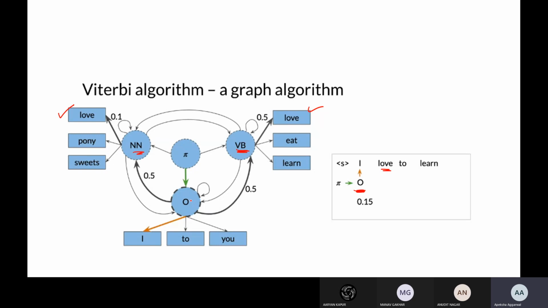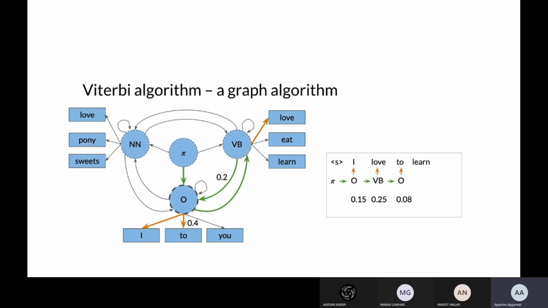Now I will calculate the probability of both of these and select the one with maximum probability. This one was 0.5 into 0.5, and this one 0.5 into 0.1. So I will select this path over here: transition probability multiplied by emission probability.